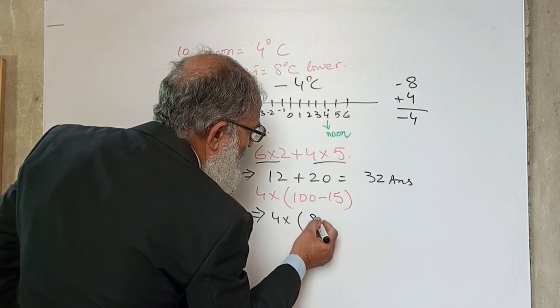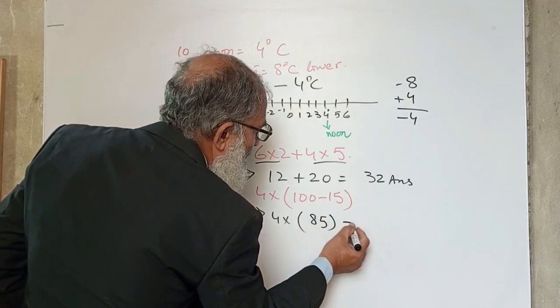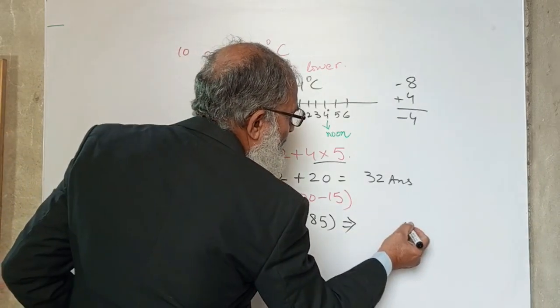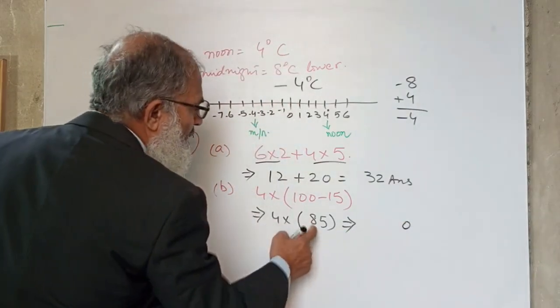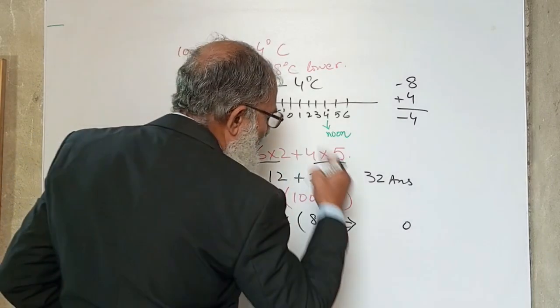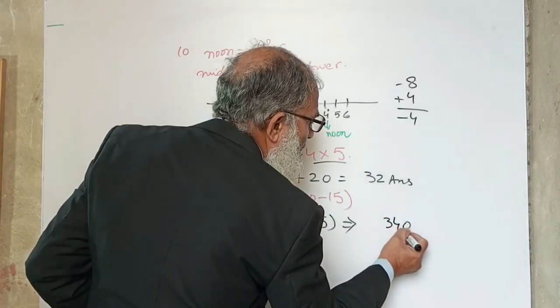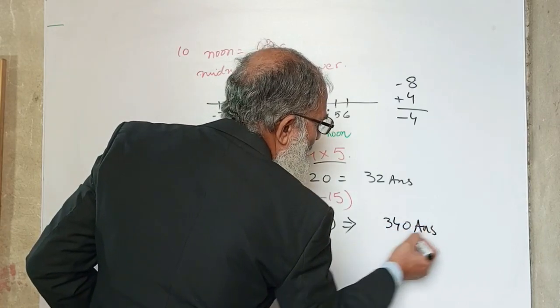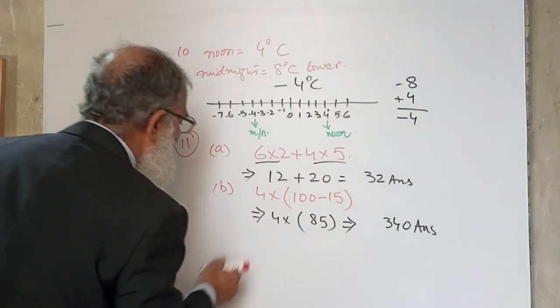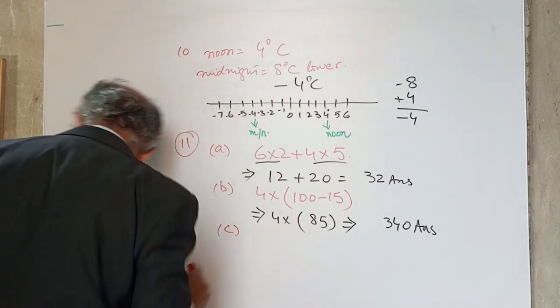It will become 85. 4 times 5 is 20. 4 times 8 is 32. And 340 is the answer.